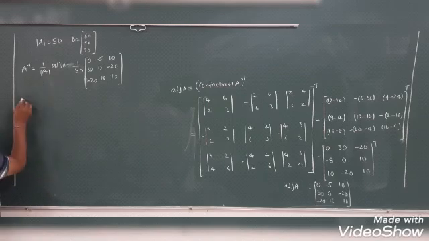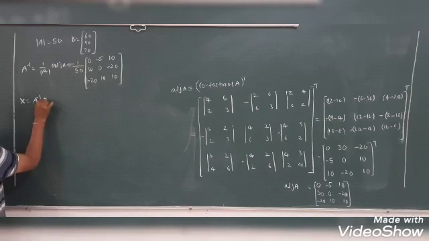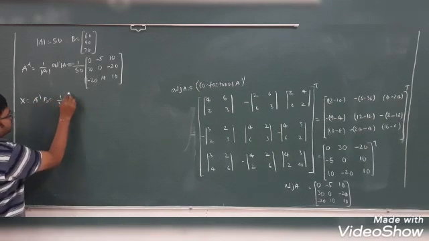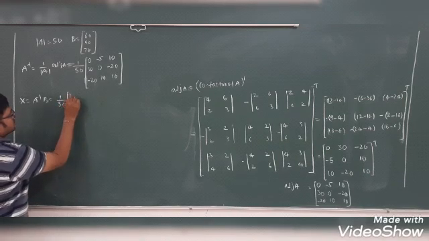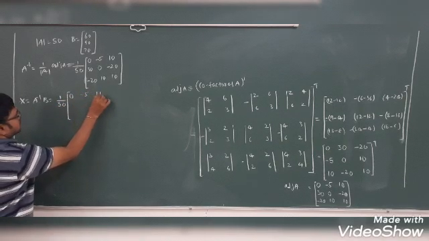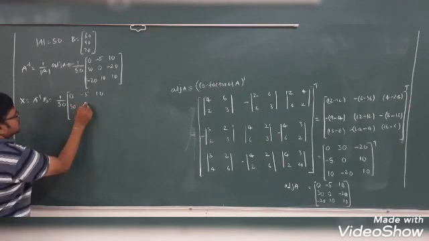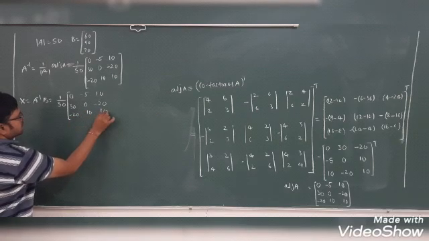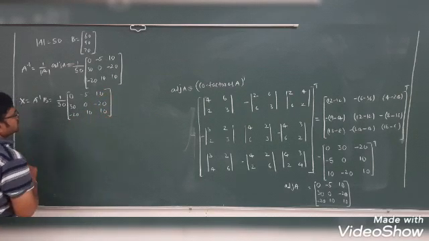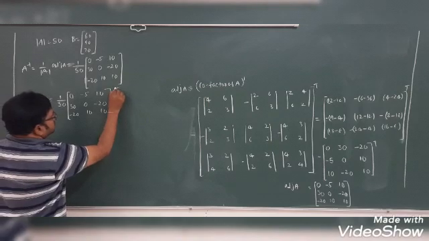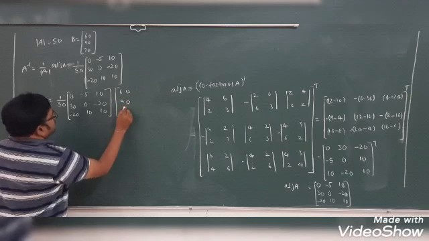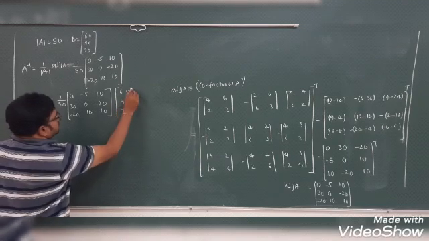Now X equals A inverse into B. So A inverse is 1 by 50 into this matrix, into this value 60, 90, 70.